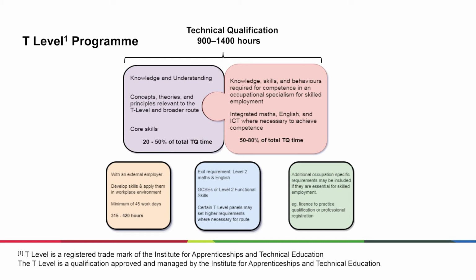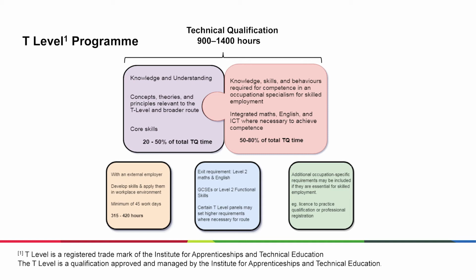So this makes formative assessment much more critical and crucial in determining students' preparation for external assessment, as well as needing the knowledge, skills and behaviours required for competence. And occupational specialism will also form part of this T-level.